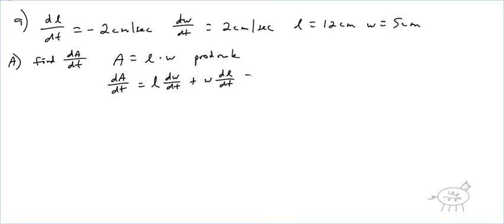Okay, so let's plug everything in here. We have 12 centimeters is the length, and dw dt is 2 centimeters per second, and then plus 5, which is the width, times dl dt, which is negative 2. So my answer to this one is 14 centimeters squared per second.